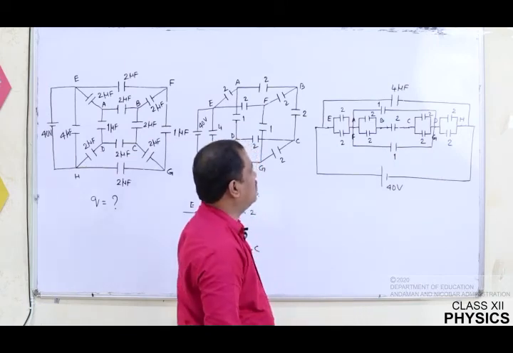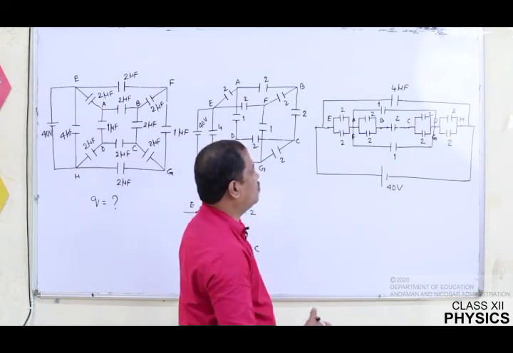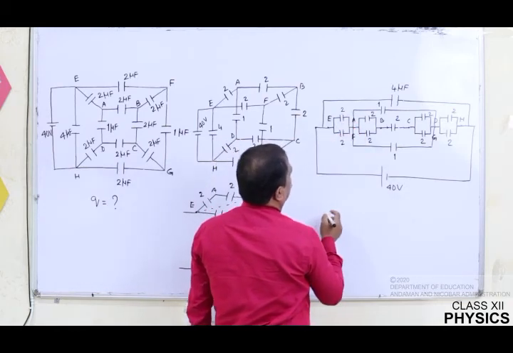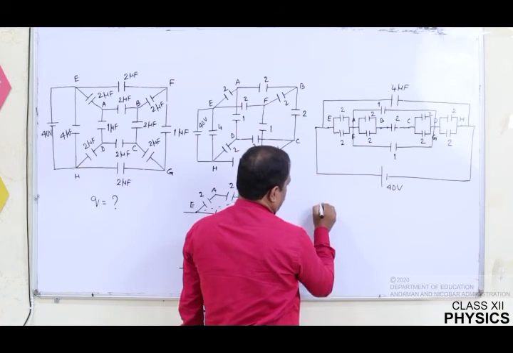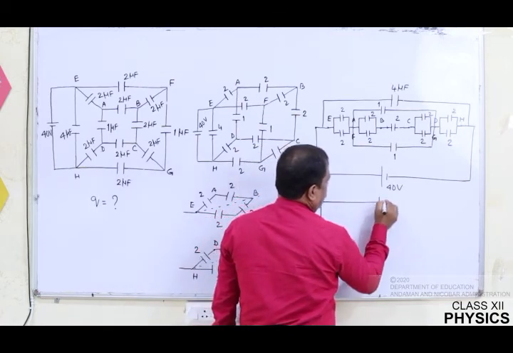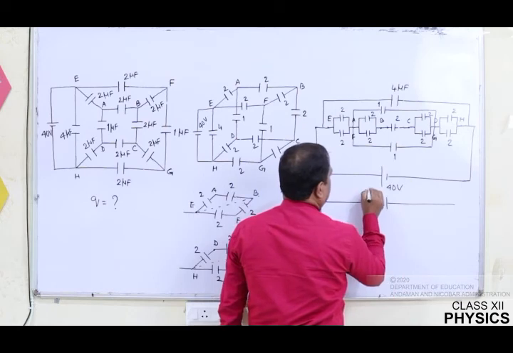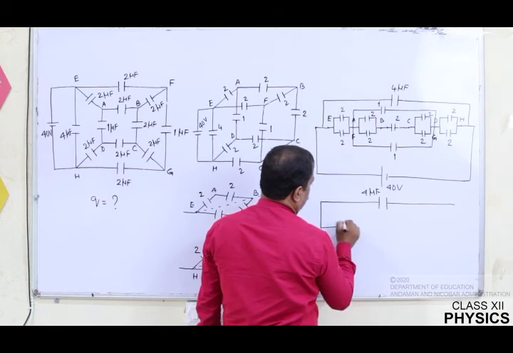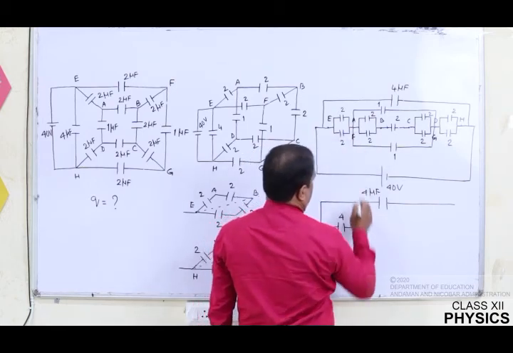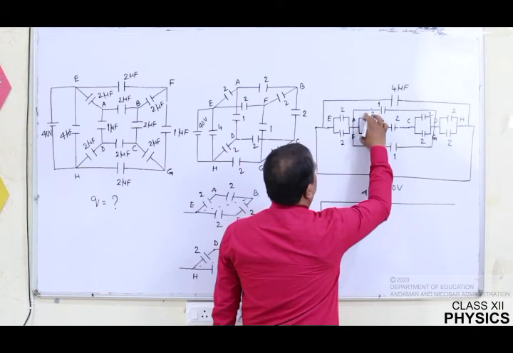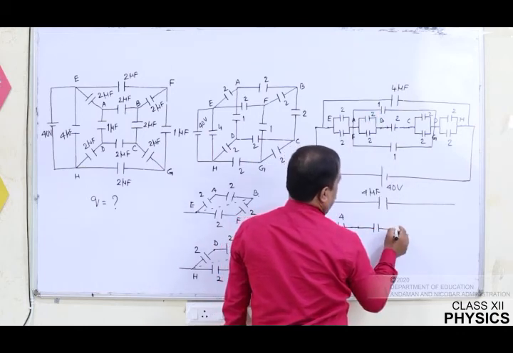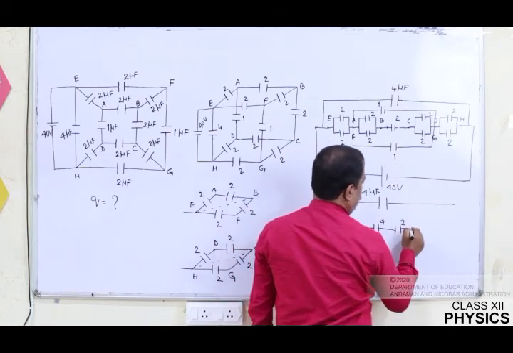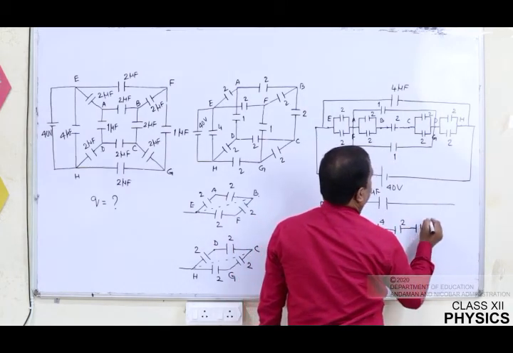Now we are in a position to calculate the effective capacitance, to calculate the total charge stored in the effective capacitance. So therefore, these two are parallel. So let us put this way. Four microfarad at the top, and this happens to be parallel. So therefore, this is 4 microfarad, and these two together 4, this is 2, 4, this is 2, and this is 4, and this is 4.